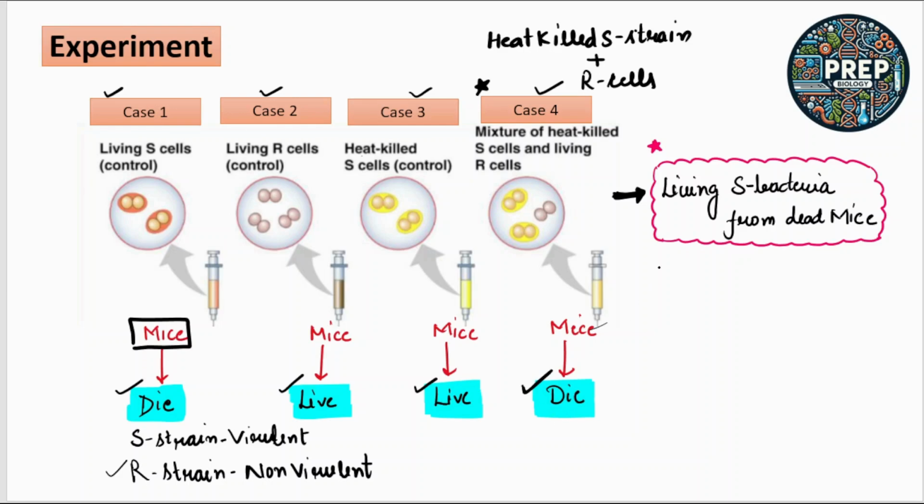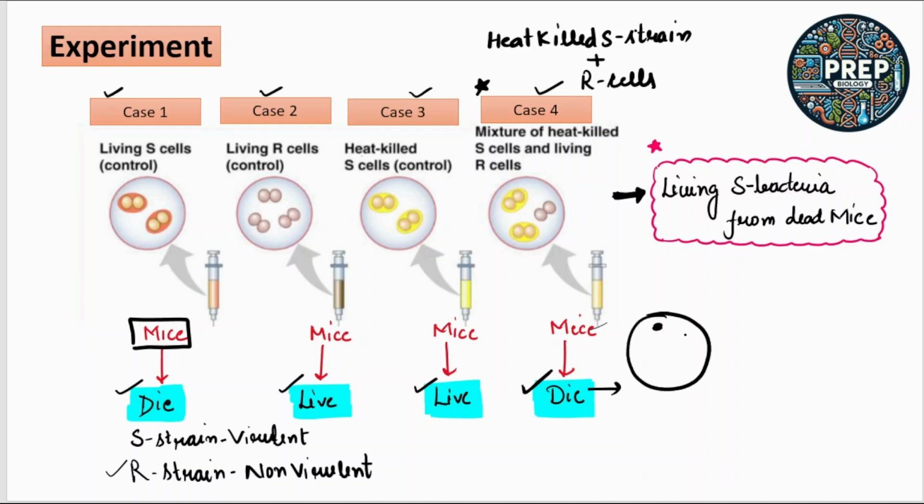So in case 4, Griffith recovered living S bacteria from the dead mice. When he cultured some cells from the dead mice in case 4, what did he find in the culture plate?